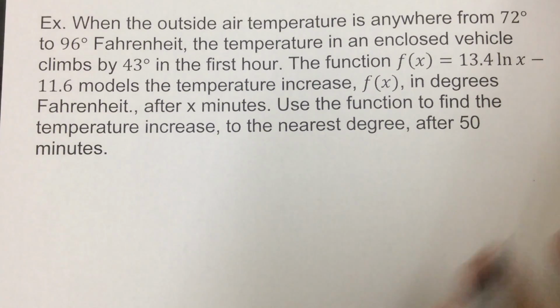Now, when the outside air temperature is anywhere from 72 degrees to 96 degrees Fahrenheit, the temperature in an enclosed vehicle climbs by 43 degrees in the first hour. So while that may not sound all that hot on the outside, inside it's going to rise really quick.